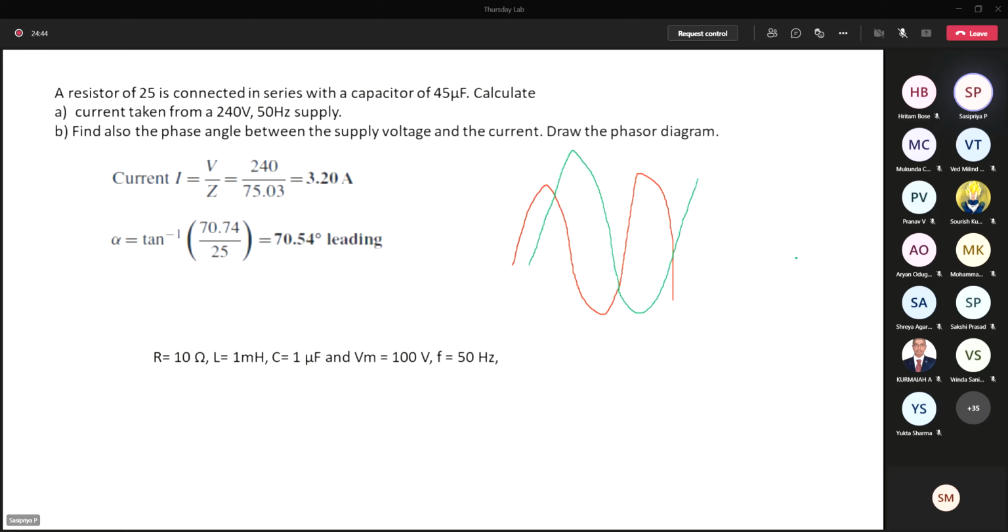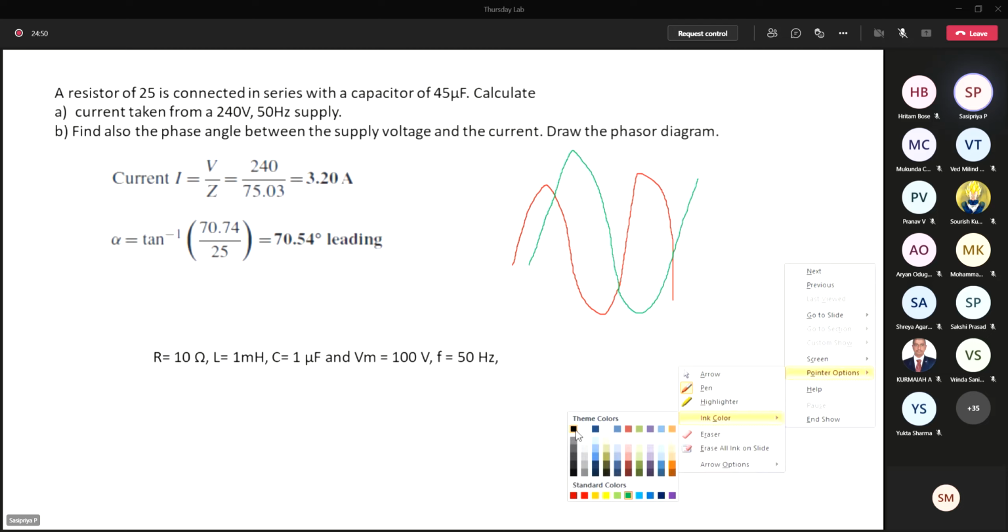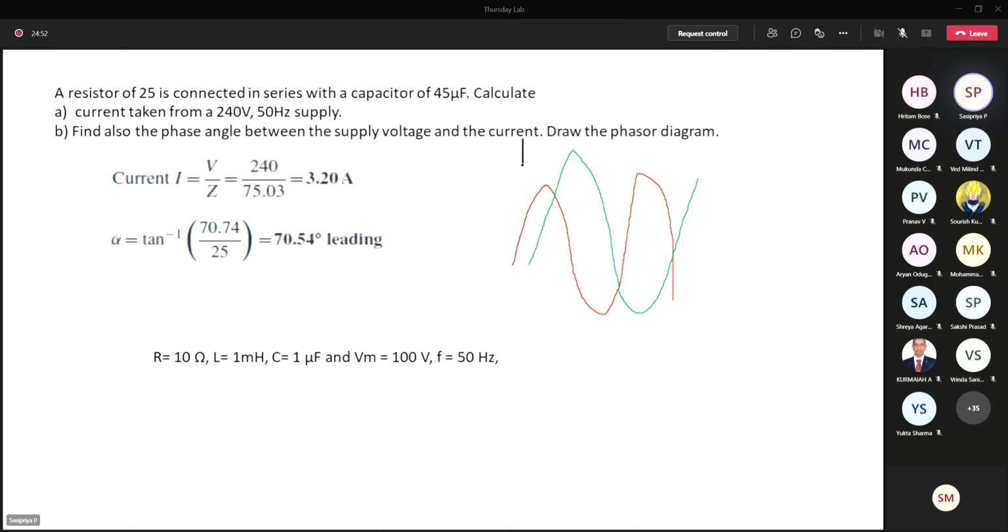Now I'm choosing my cursor. Cursor should be here, so it should be at 0. This is the 0 crossing point of the green color wave. Similarly, for the red color waveform, this is the 0 crossing.